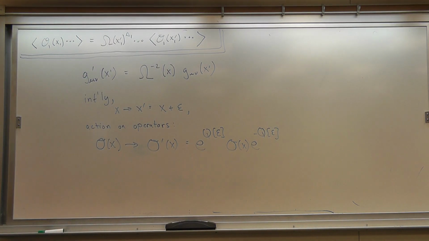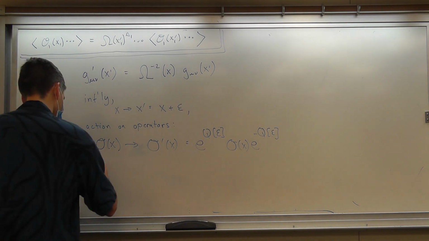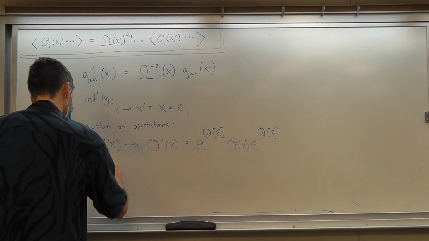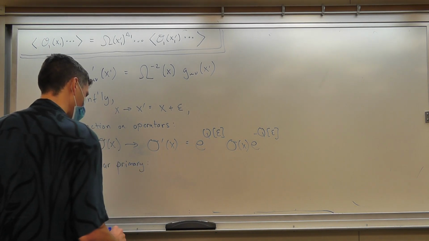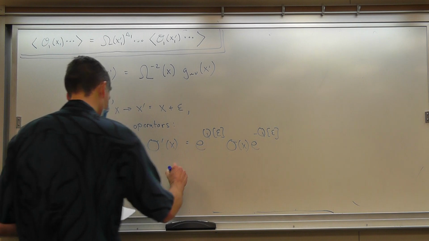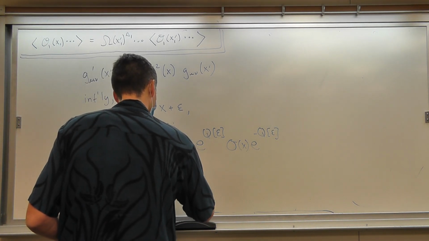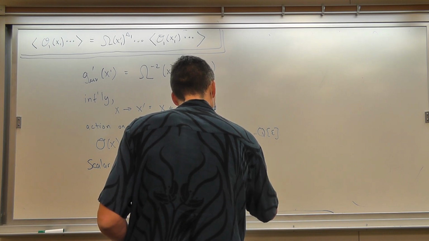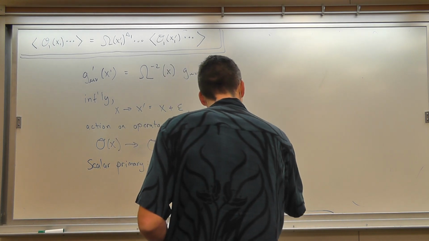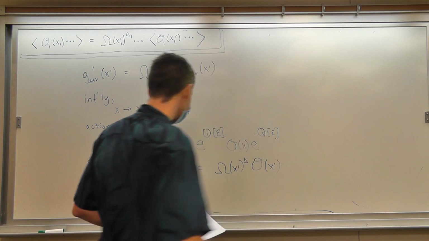So q generates the infinitesimal transformation. You can exponentiate that and find the finite transformation on an operator. And I did write the following equation for the scalar primary. The scalar primary transforms with O prime of x is omega of x prime to the delta O of x prime.